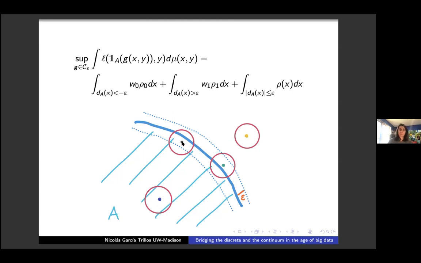But when you are considering points within distance epsilon of the boundary, that's where the adversary can do something, and there are two cases. Take this point over here, x, and suppose for a moment that the label is 1. In that case, the set A is predicting the label correctly, because the point x is inside A, and the adversary is interested in making the classifier make a mistake.